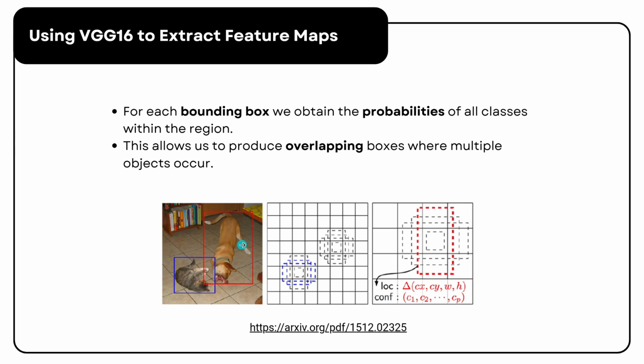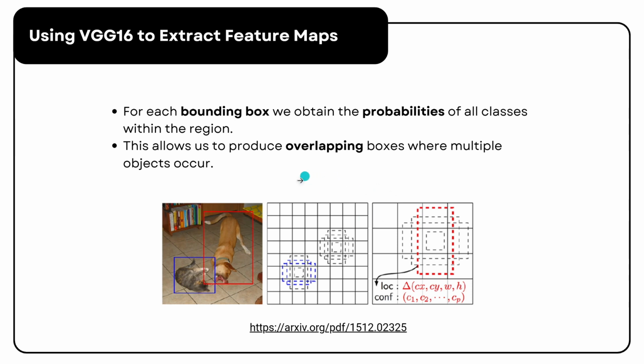The network calculates the probability scores of all the possible classes. This includes an extra class to represent no object, which is what we discussed recently, and which helps eliminate false positives.